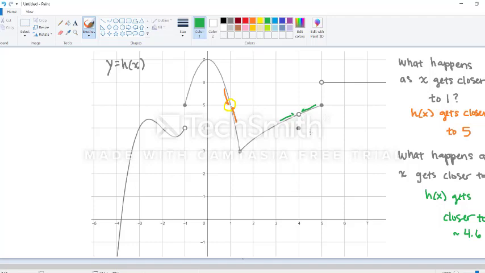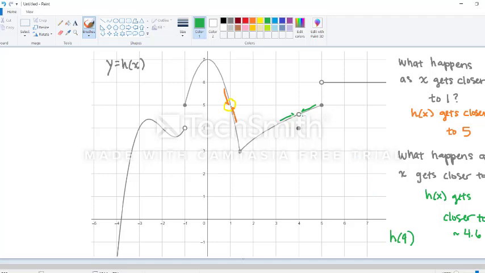I'm trying to drive somewhere and it's like it was removed from the ground. But that's okay. That wasn't what the question was. I didn't say, what is h of 4? I said, what happens as x gets closer to 4, right?